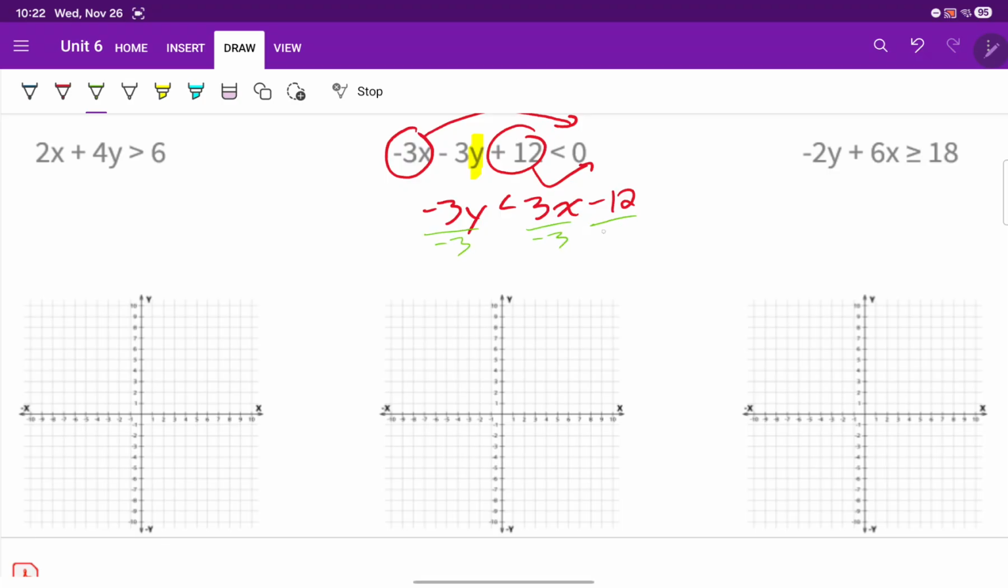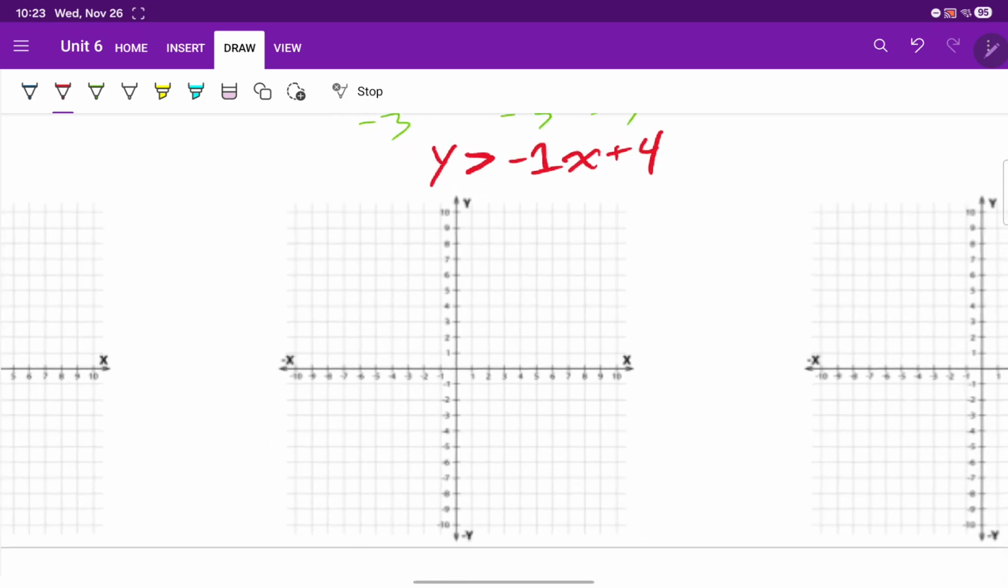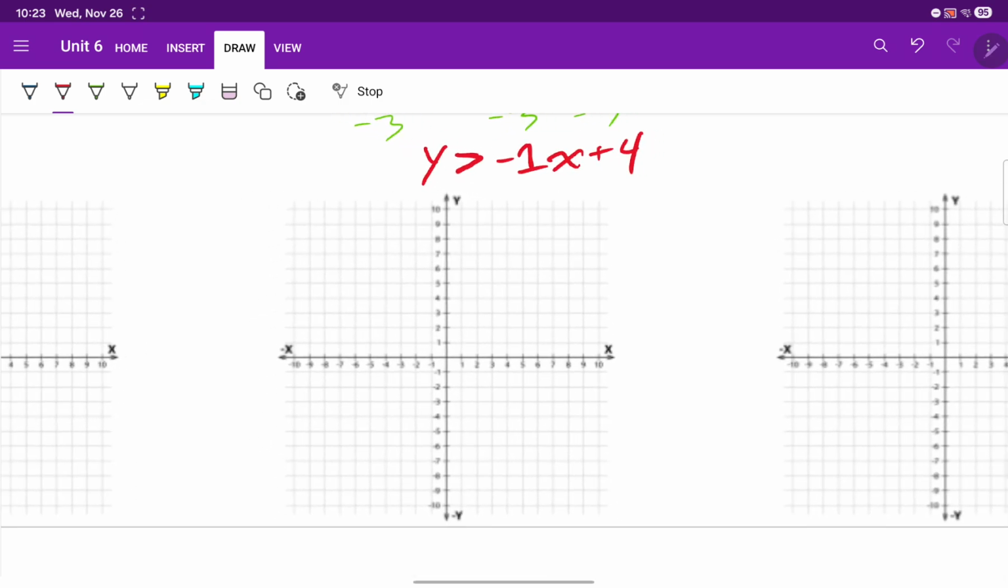Remembering that when I divide by a negative, my inequality is going to switch directions. So y is greater than, 3 divided by negative 3 is negative 1x plus 4. Okay? So that's my equation now.